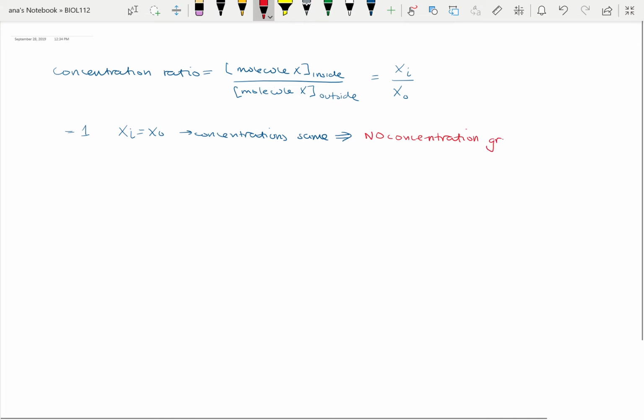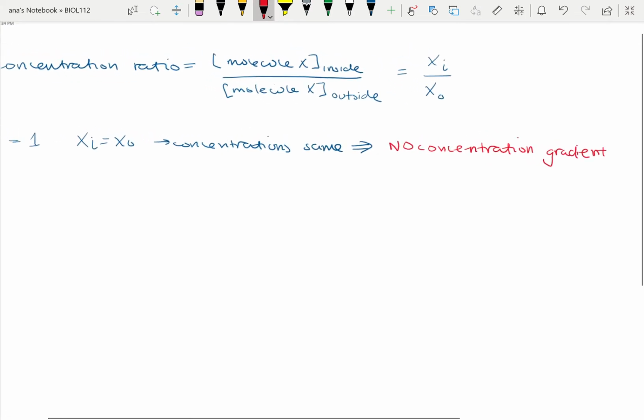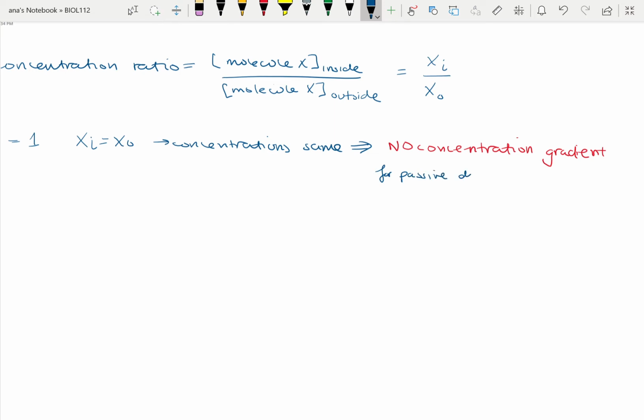And this is really important because when we're talking about passive diffusion, right, we mentioned that for passive diffusion, so this includes facilitated and simple diffusion, the gradient is the driving force.